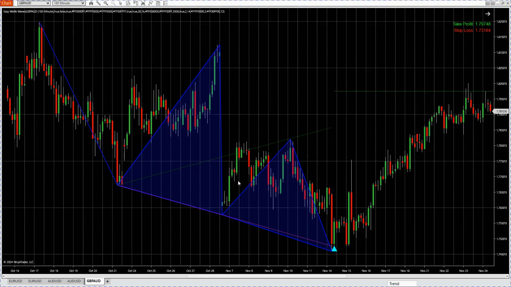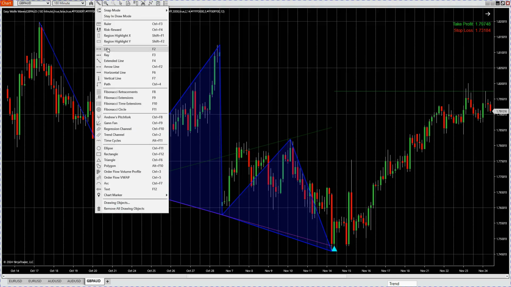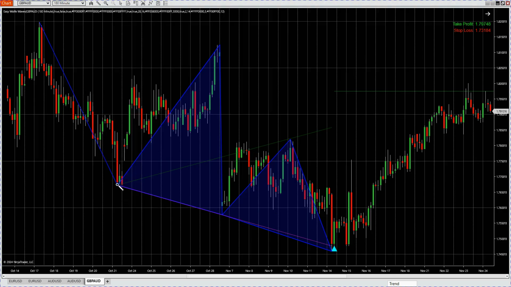So here we have one more example of a bullish Wolfe Wave pattern, and you can see it's formed with the angles here, and we'll do the same thing. We'll set up a line to go past those angles, and you can see in this one the breakout started immediately after the pattern, within the next bar.